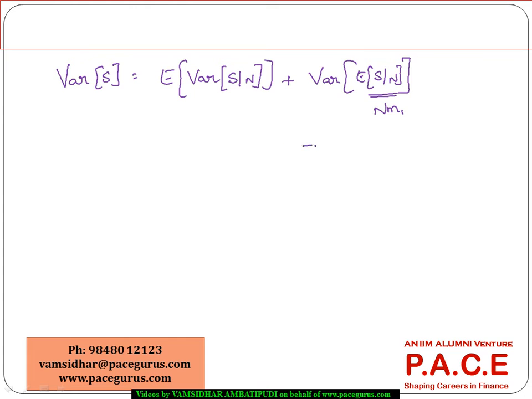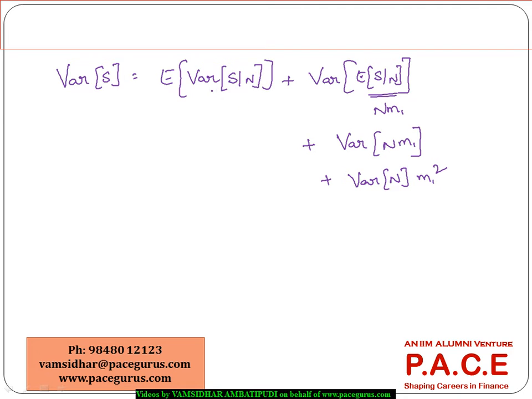So this part I can keep as variance of N m1, and probably this gets simplified as variance of N times m1 squared, because m1 is a constant out here.